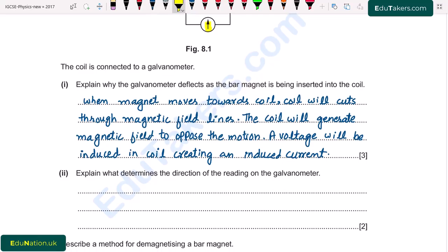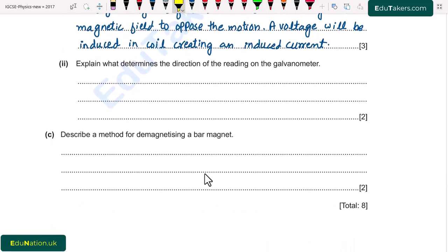Part 2. Explain what determines the direction of reading of the galvanometer. So here we have to explain which thing determines the direction of the reading on the galvanometer. So this basically depends on which pole is entering the coil.